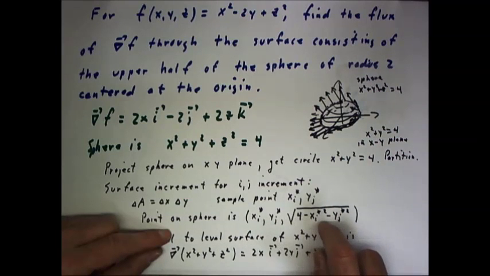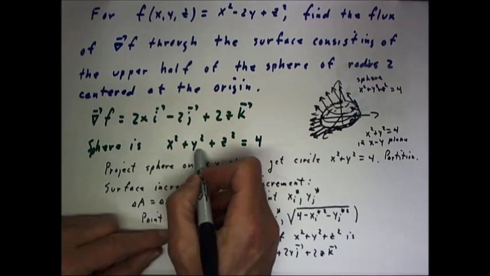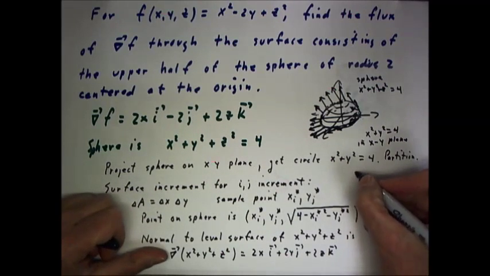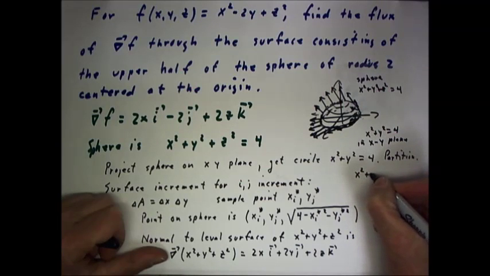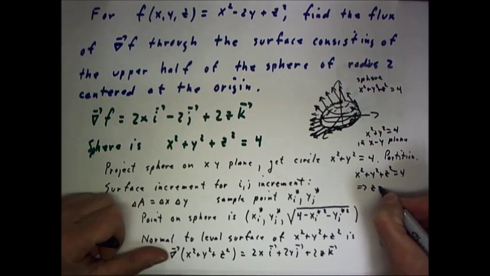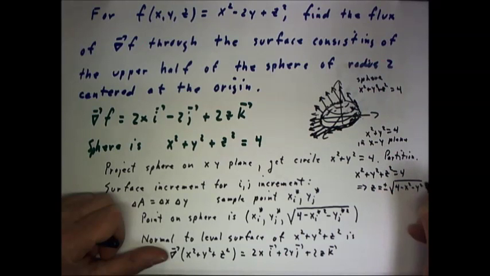That's simply because of the z coordinate. Let's write down the reasoning here: x squared plus y squared plus z squared equals 4, so that z is going to be plus or minus the square root of 4 minus x squared minus y squared.